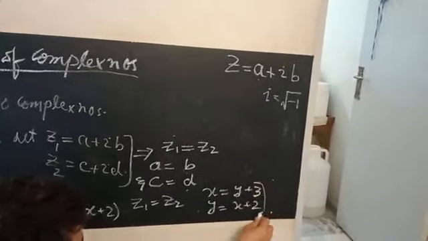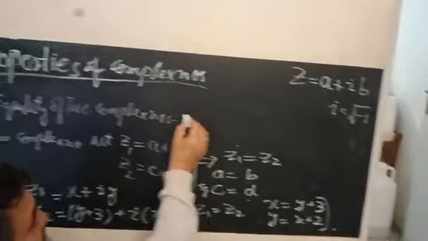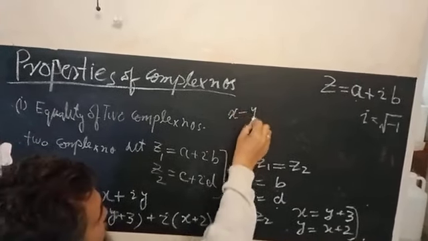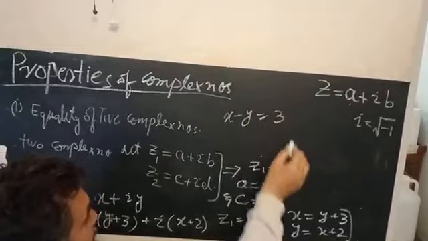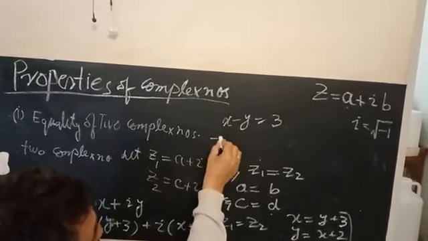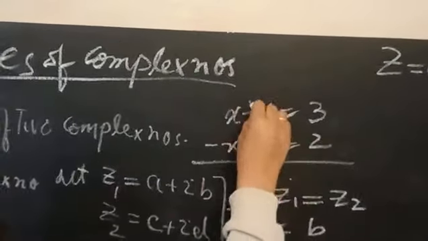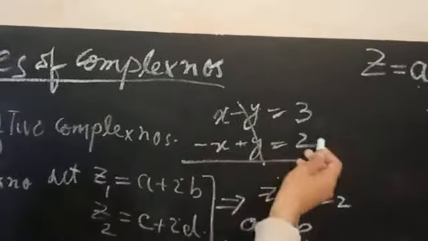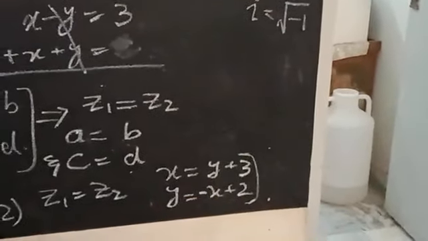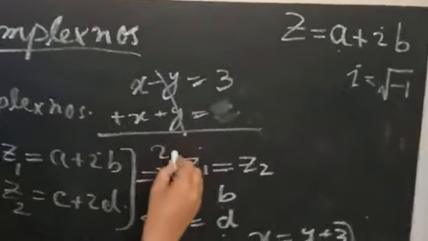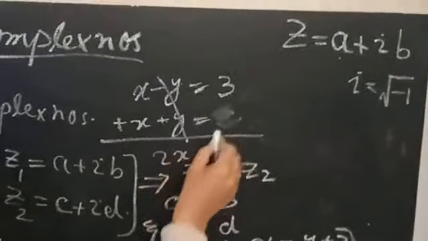They are simultaneous equations. We can solve it like this: from the first equation we can write x minus y is equal to 3, and from the second we get minus x plus y is equal to 2. We solve these, simple, add them, and we get 2x is equal to 5, so x is equal to 5 over 2.